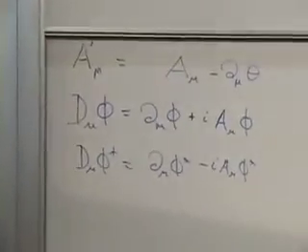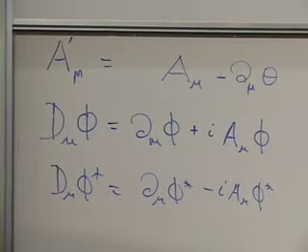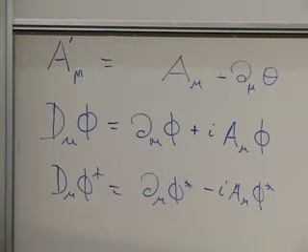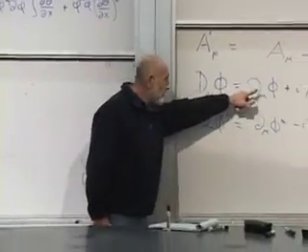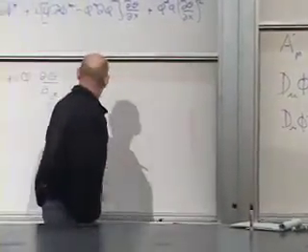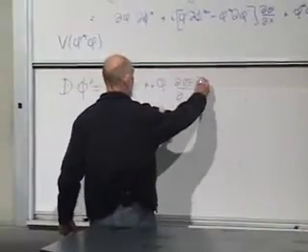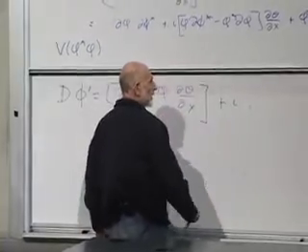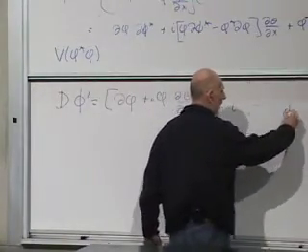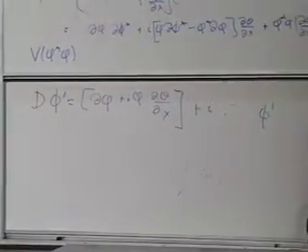If it comes out wrong, we'll change it back again. Okay, now that's the first term in the covariant derivative of phi prime, just the derivative of phi prime. But then we have to add plus i something times phi prime. What do I want to put over here?